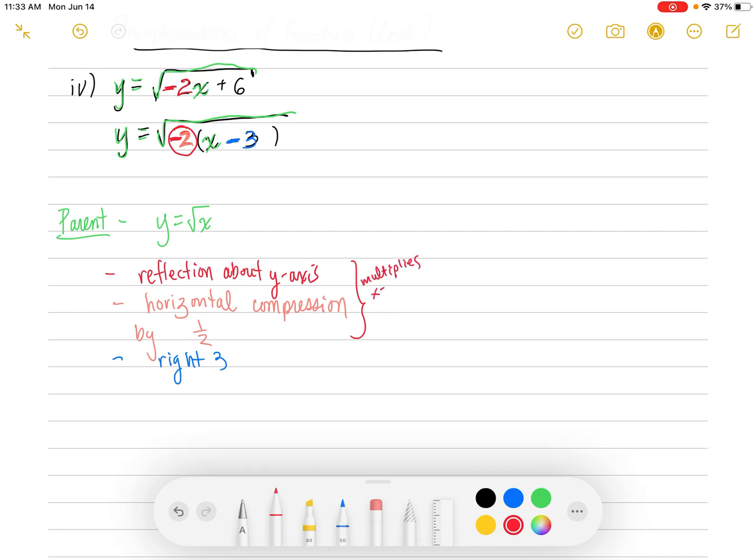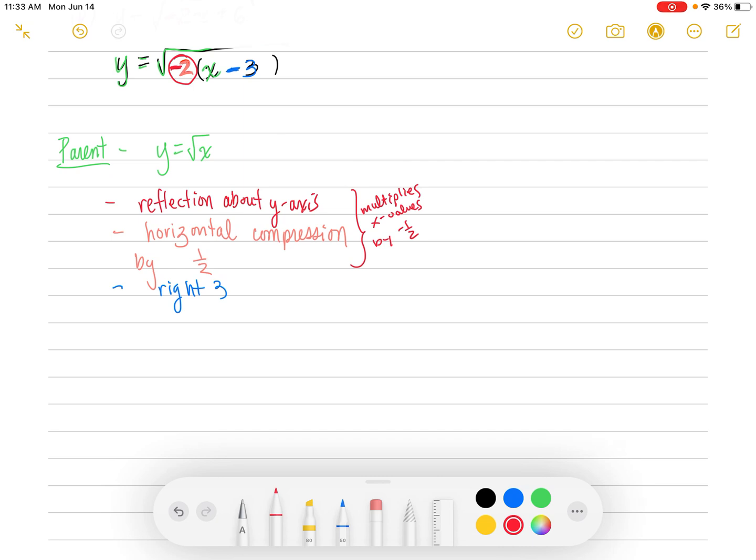And we're going to multiply the x values by -1/2. So that does 2 things at once. It flips everything about the y-axis, and it compresses things by a factor of 1/2. We're going to kill 2 birds with 1 stone, combining those steps.